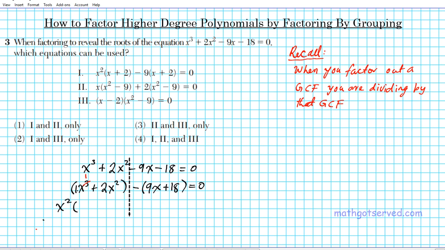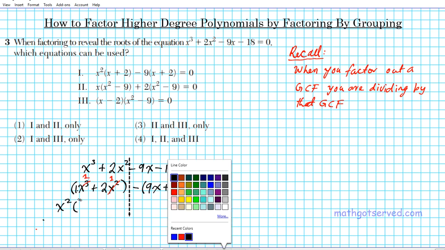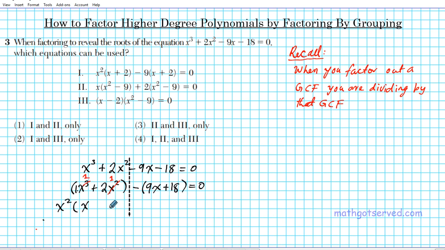So this x squared becomes 1. The entire x squared is divided out. As for the coefficients, you can put a 1 there, but it doesn't really matter. So what do we have left? X to the third has lost 2 of its powers, so it's left with x. So we have x plus 2, then minus.